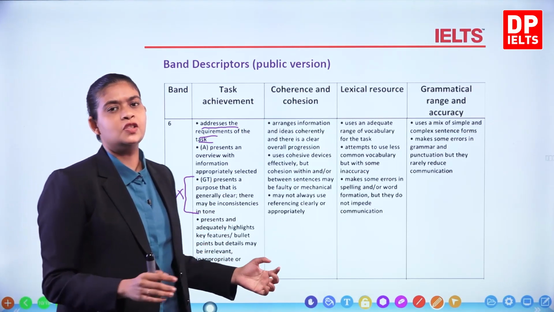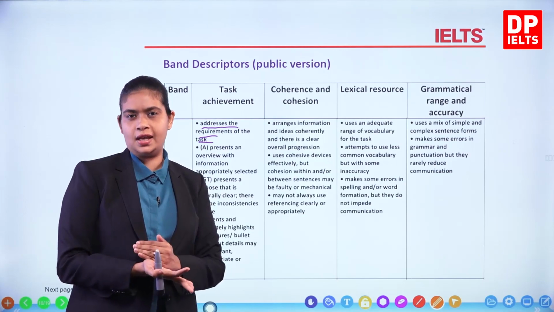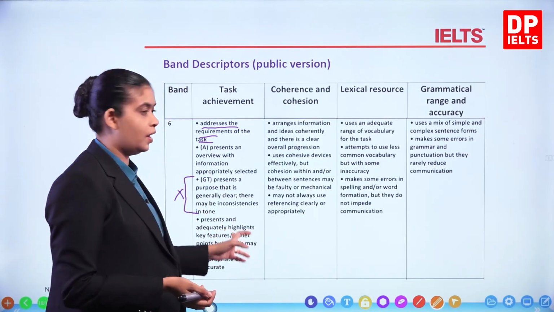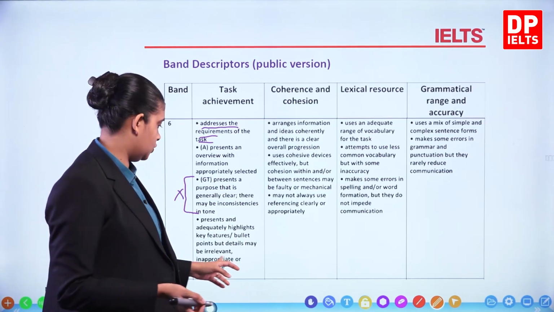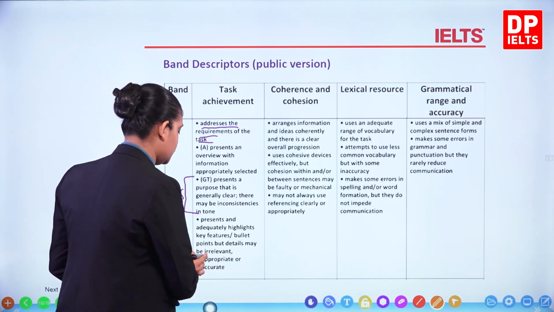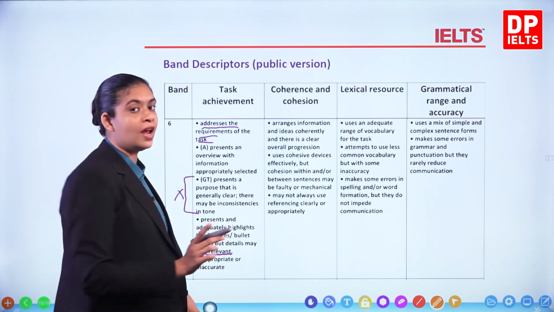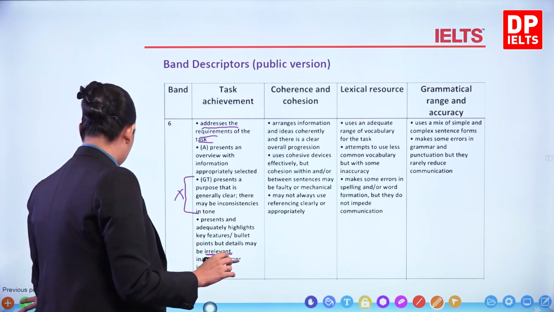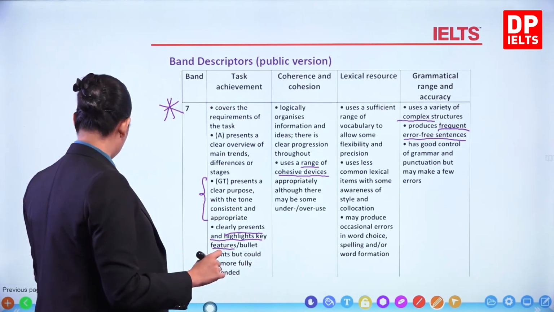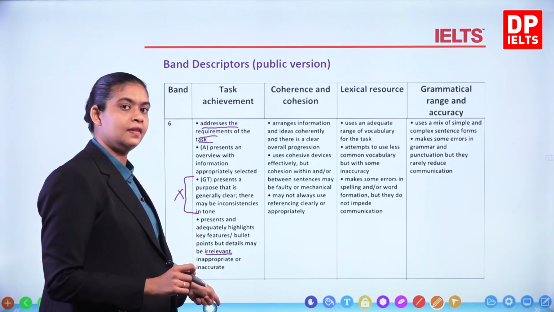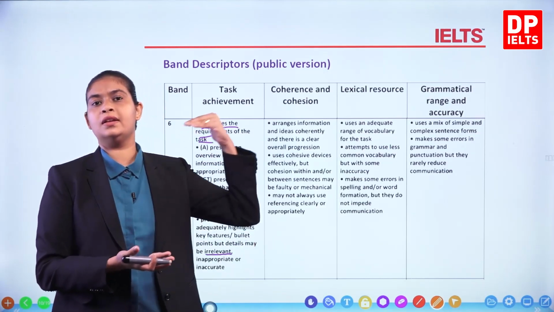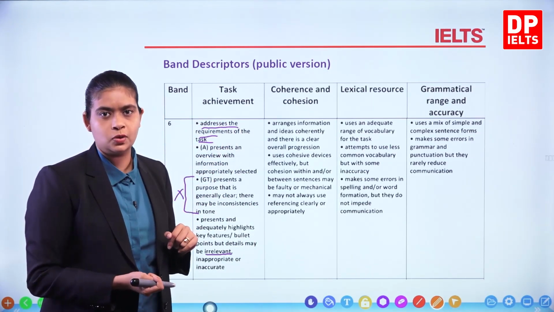That means it's not so clear and precise, but fairly, adequately, you've highlighted the key features, right? And there may be some details which are irrelevant as well. Here we don't have irrelevant points, but when you come to 6, there are irrelevant points. So you can see now what is that big jump that I'm talking about.